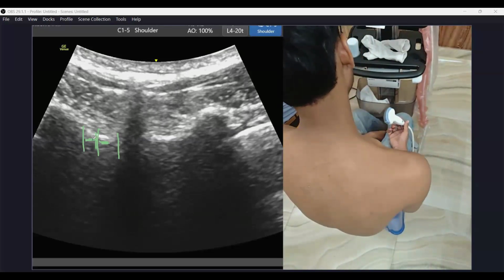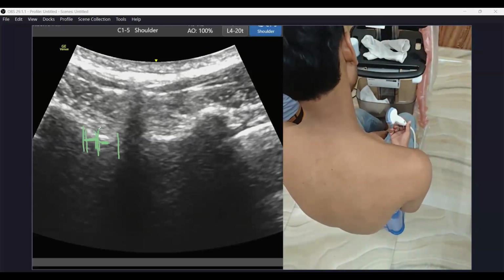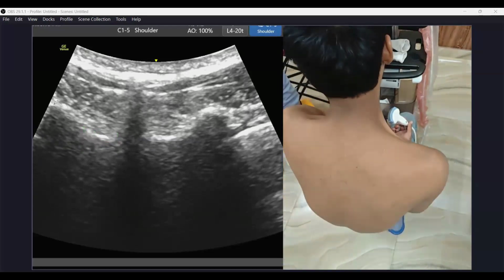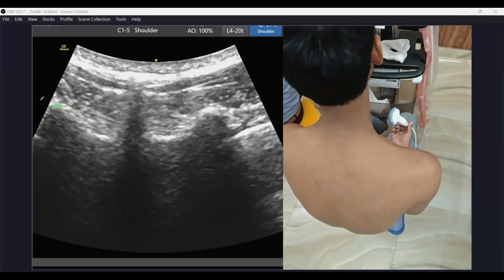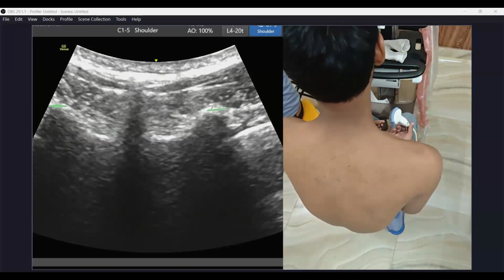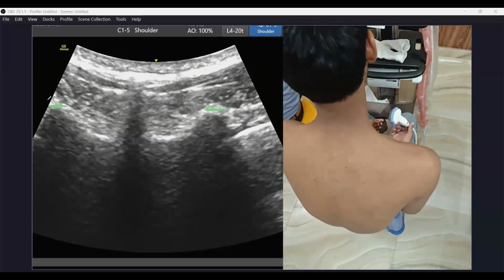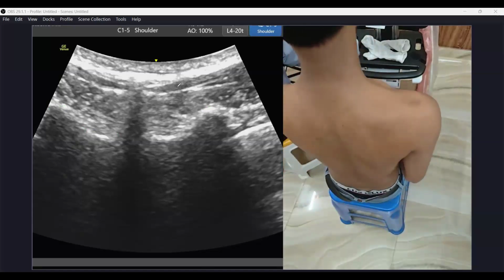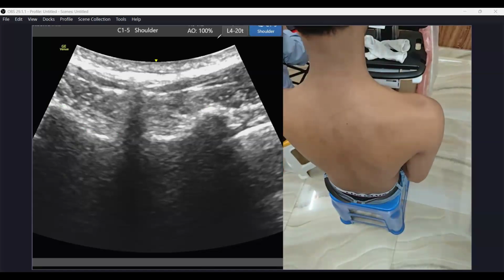So in this view, going inside the joint is not a very good idea. That's why we always try to do a medial branch block here. This area is for the medial branch. As soon as you see the transverse process, either in this view or the longitudinal view, you can see the upper and outer part of the transverse process. That is much easier. Okay, thank you.